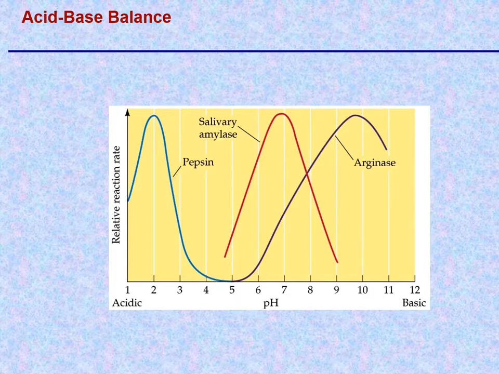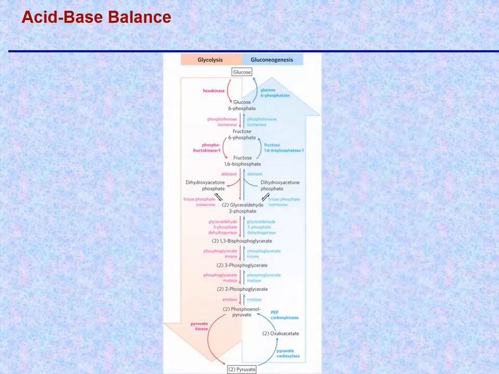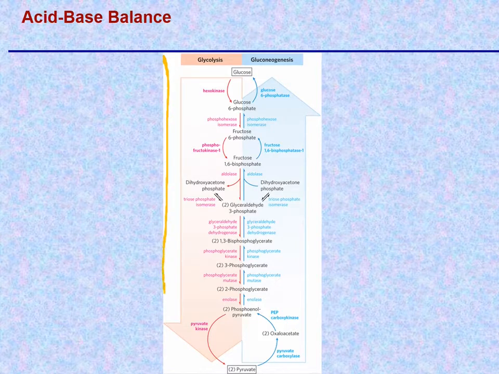You should put this into the context also of metabolic pathways involving a number of different enzymes. Here you see on the left the glycolytic pathway leading from glucose down to production of pyruvate.